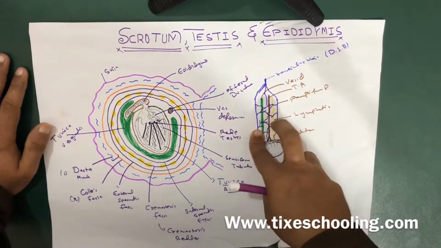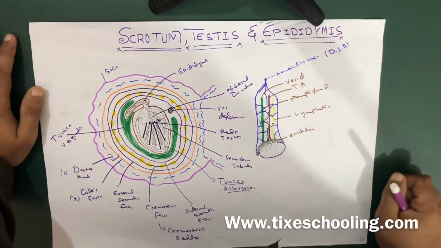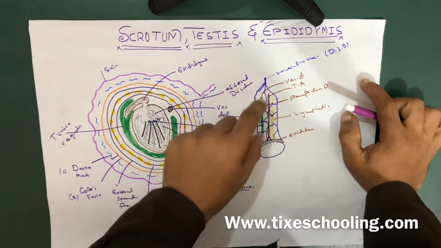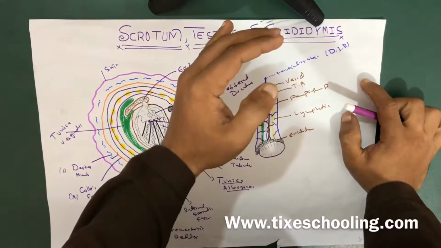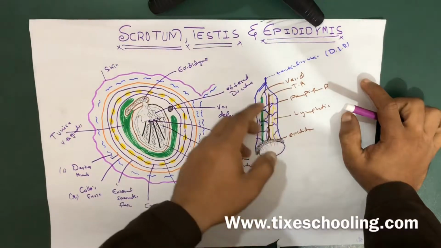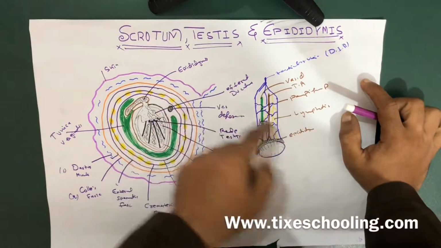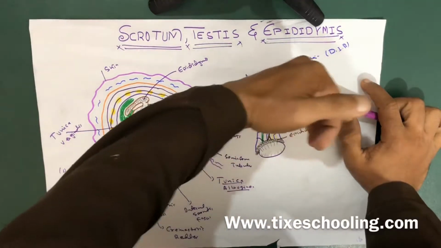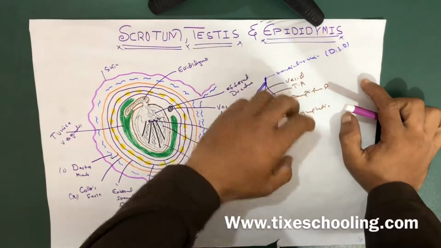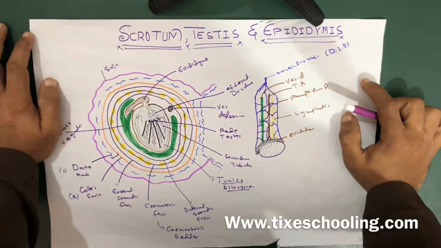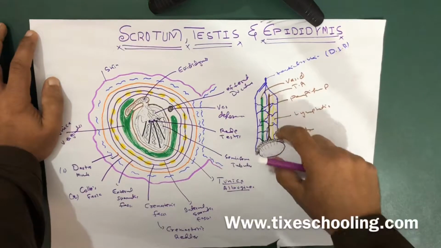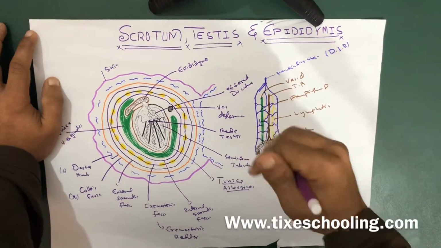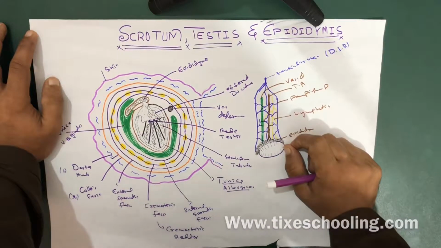The pampiniform plexus is a meshwork of veins. The artery brings warm blood and the veins carry cold blood. The vein takes the cold blood upward and the artery brings the warm blood, so they exchange heat with each other, keeping the inside of the testis colder.